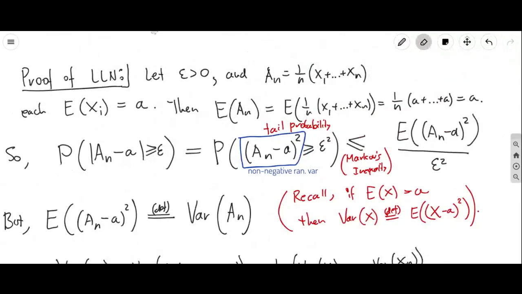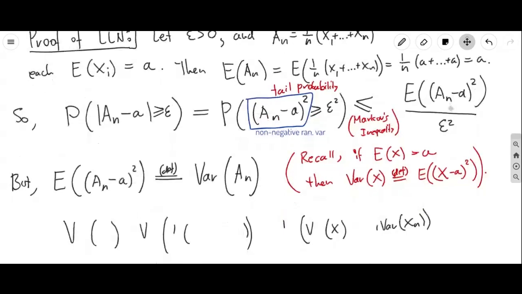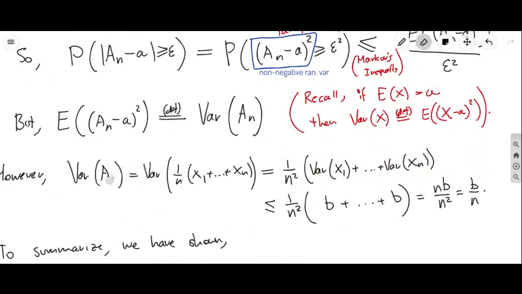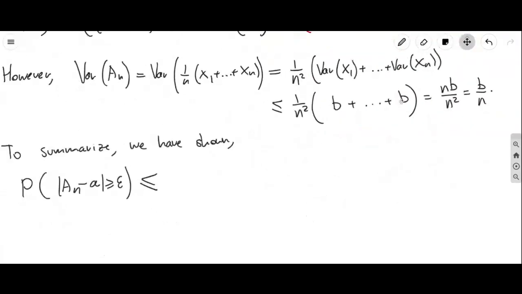We started with this probability, and we saw it's equal to this, and it's bounded by Markov's inequality by that. But the expectation is the variance. And the variance is 1 over n squared, and then you add up, so the variance of a sum of independent random variables is the sum of their variances. But each of these variances is bounded by b. So again, we're bounded by this. So in the end, we're dominated by b over n. So whatever this probability is, it's dominated by b over n.